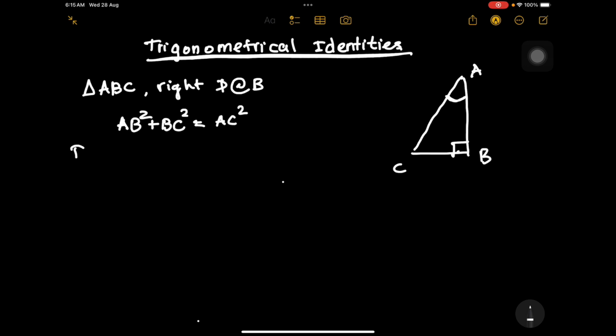Now we are going to divide the whole equation by AC squared.